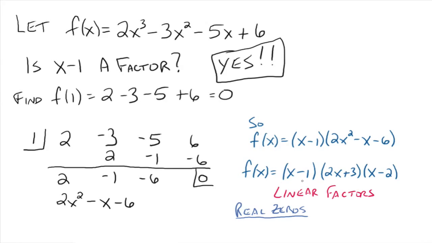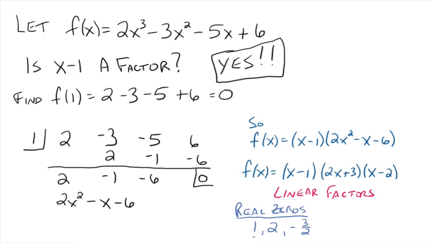If x was 1, it'd make the y value 0. We already figured that out over here. If x is 2, this would go to 0, so the whole thing would go to 0. And if x is, what's this one, negative 3/2. If you set each one of these factors equal to 0, you'll get these three numbers, and these three numbers are called the real zeros of our function.